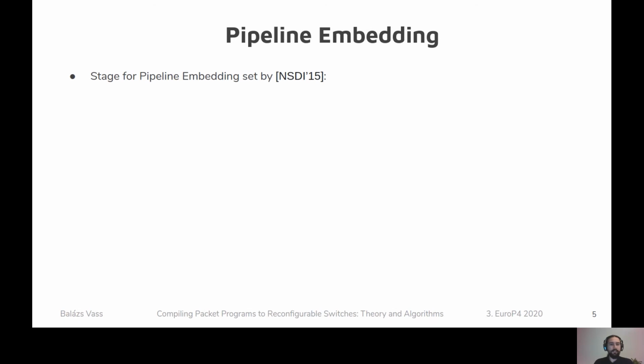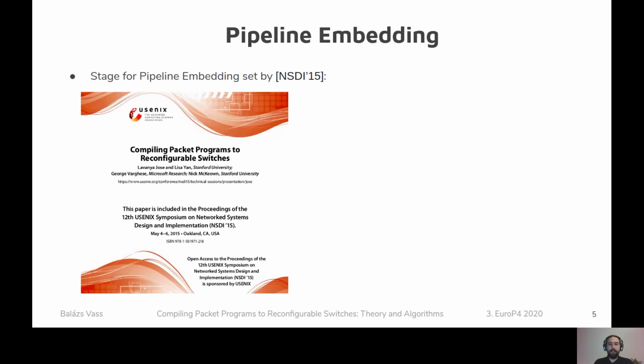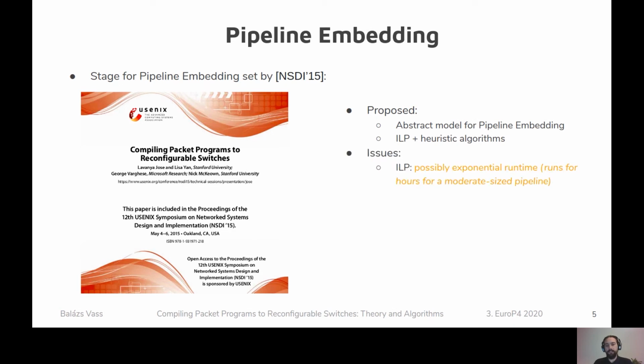The stage was set for this problem by a paper some years ago called Combining Packet Programs to Reconfigurable Switches, and it proposed an abstract model for pipeline embedding with ILP and heuristic algorithms solving it. Some issues remained open though. For example, the ILP possibly runs for exponential time. It runs hours for a moderate sized pipeline, as we also measured.